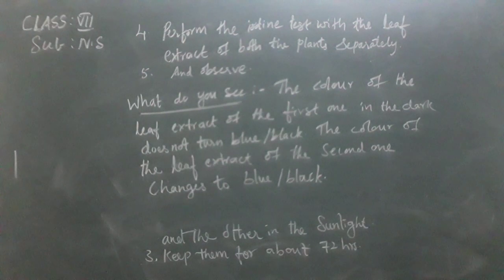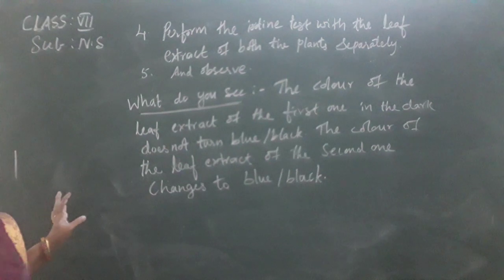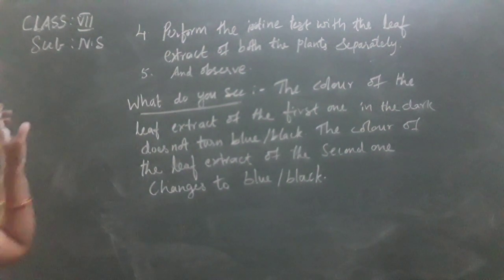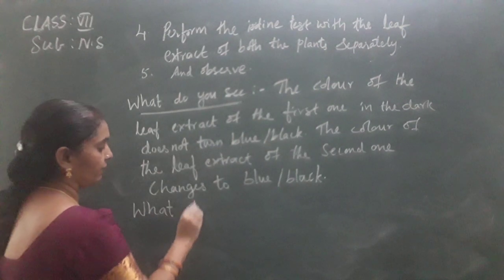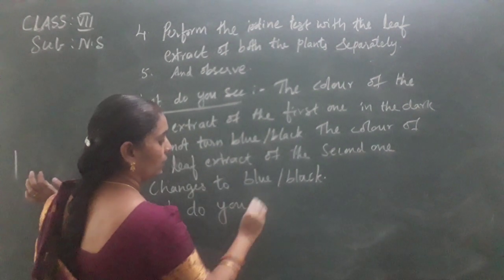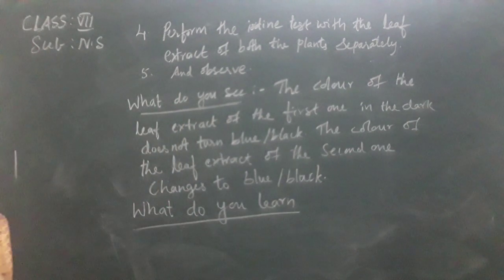So what did you learn from this? The presence of starch in the leaves of the plant kept in sunlight indicates the occurrence of photosynthesis. That is the inference. You learned that the color of the leaf extract has changed, isn't it?